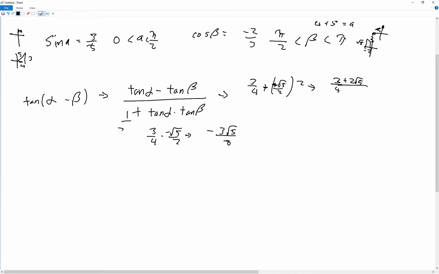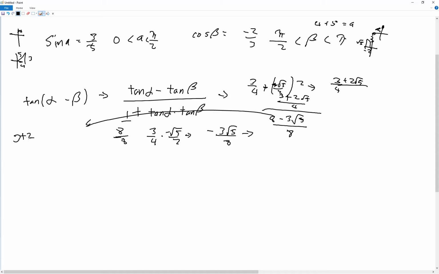And 1 is just 8 over 8 so we can get a common denominator. So it's 8 minus 3 square root 5 over 8. And you divide this by the numerator.